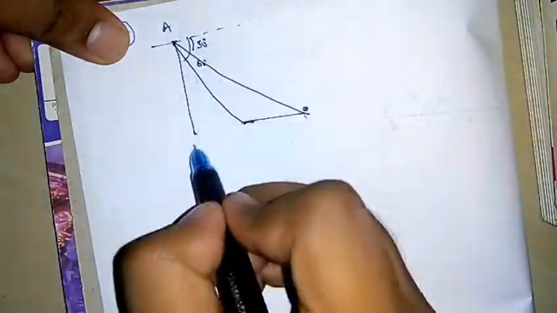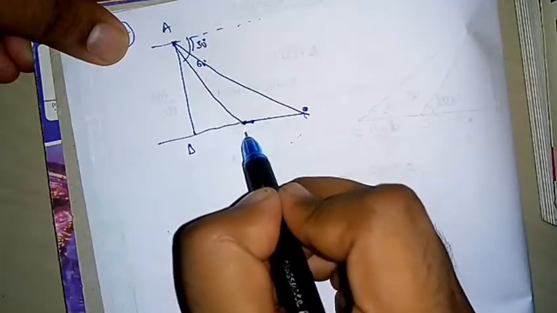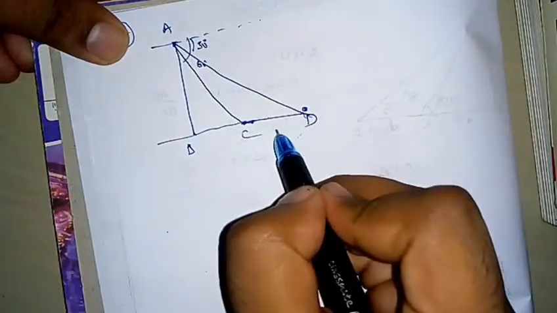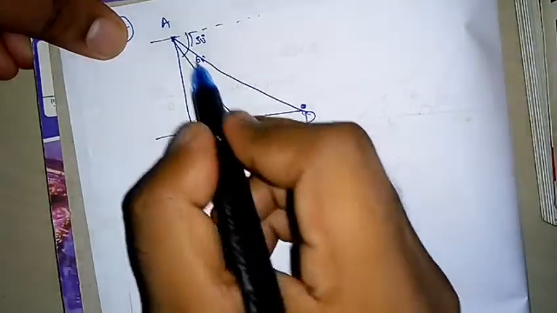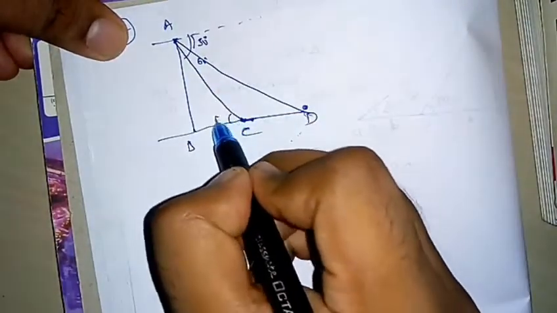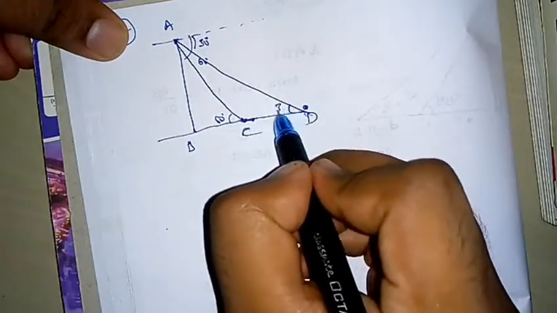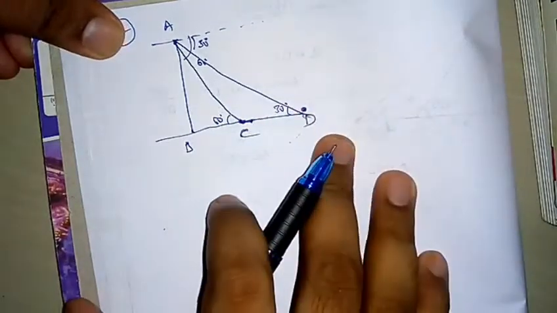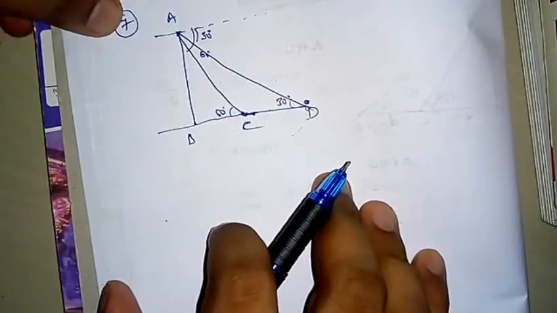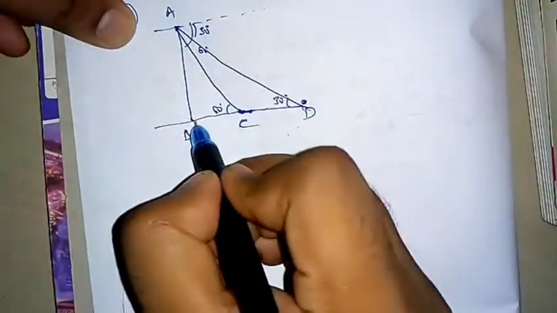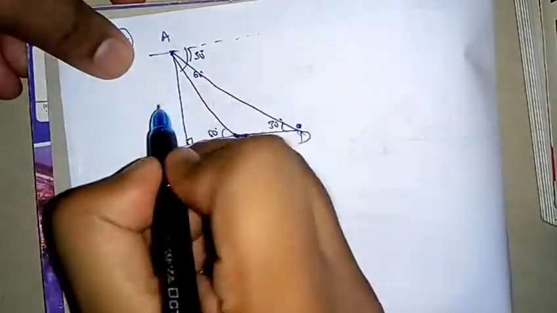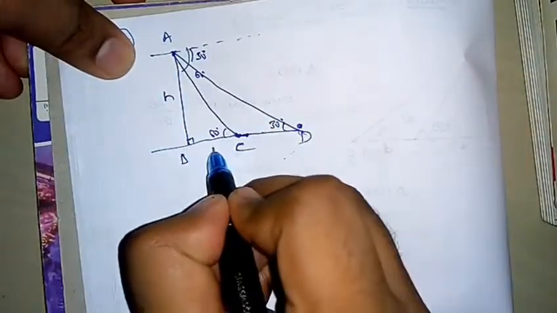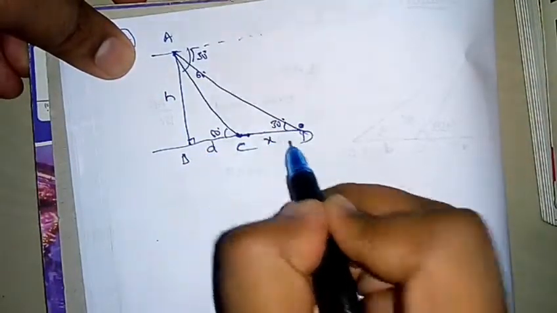Let this point be A, let this be B, C, D. So after 6 seconds, the car is here at an angle of depression of 60. So this will be 60 and this will be 30. Let the height be h, BC be d and CD be x.